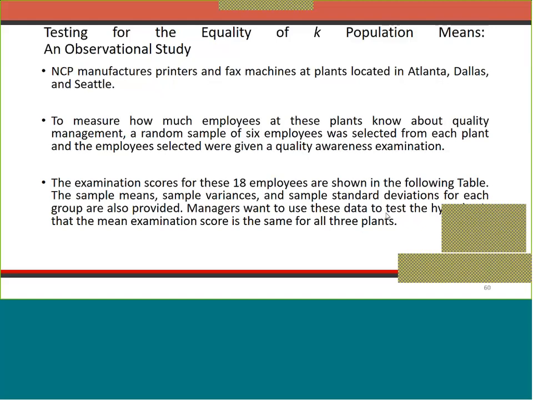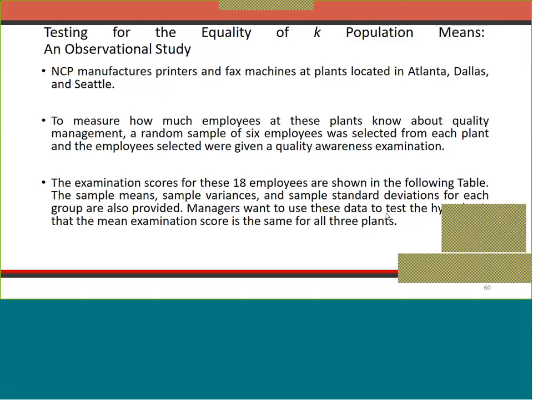That's the experimental statistical study using completely randomized design. But here we have selected 6 workers from each plant, so it's an observational study.